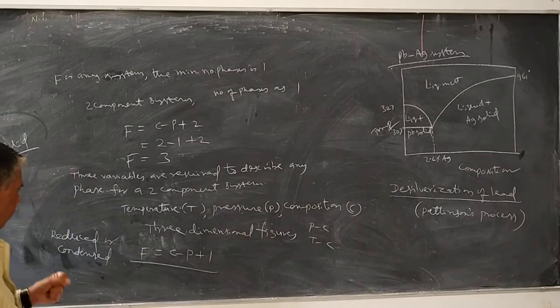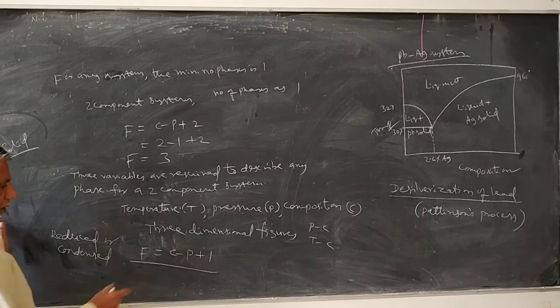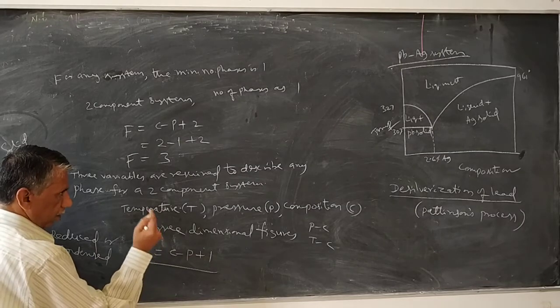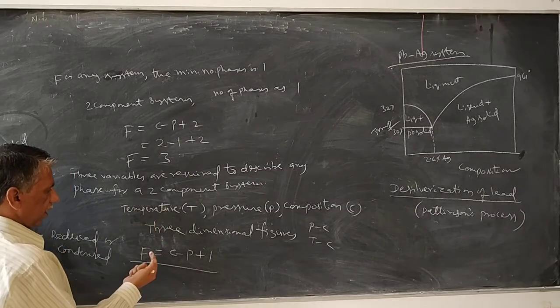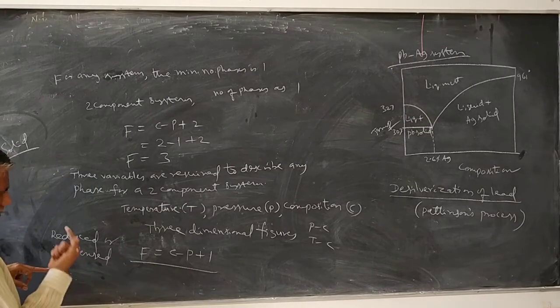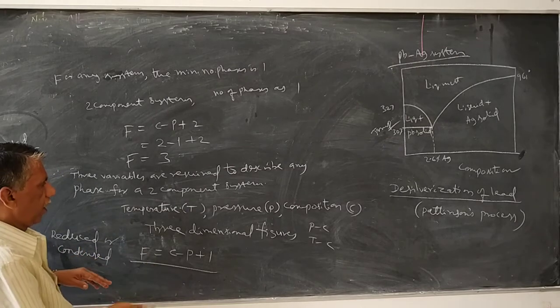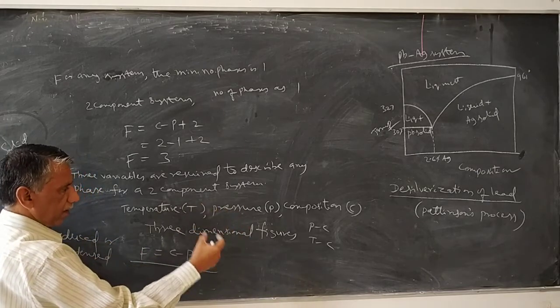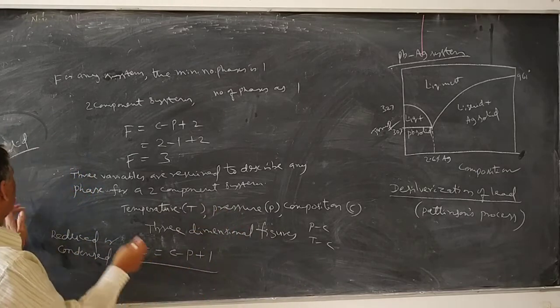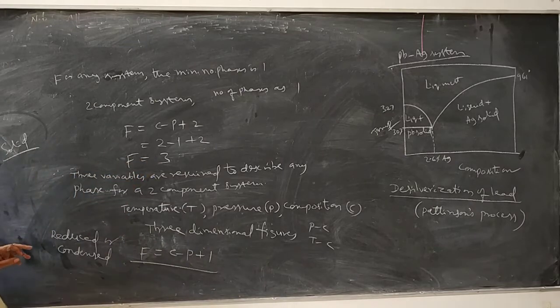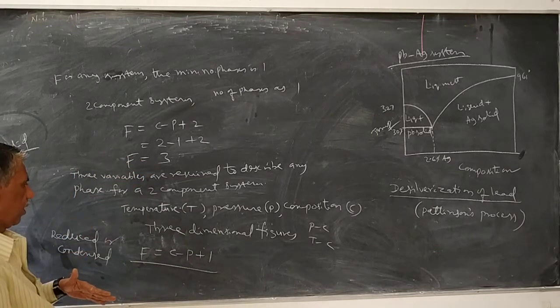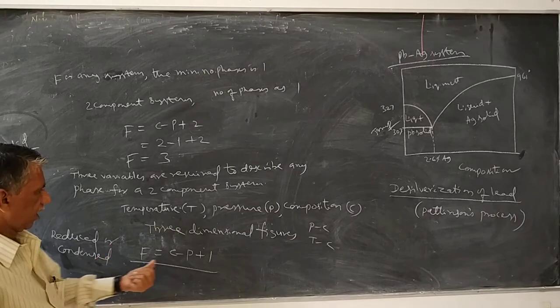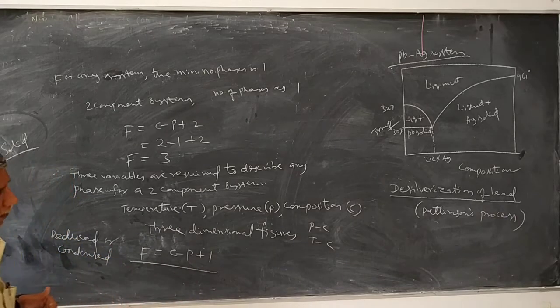So what is the definition of the reduced phase rule equation? In this reduced or condensed phase rule equation, out of the three variables, the pressure variable is kept constant for the solid two component systems, and that is called the reduced or condensed phase rule equation.